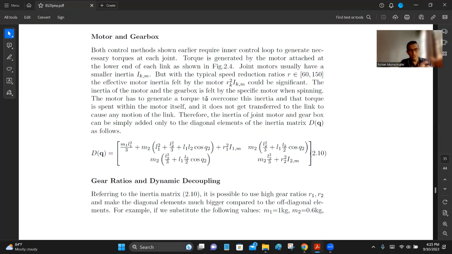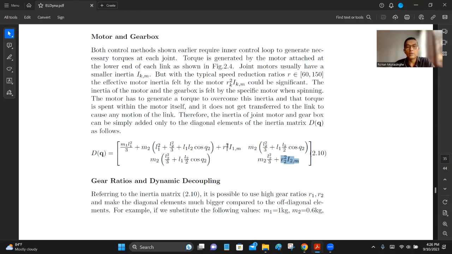So therefore, it doesn't contribute to Coriolis forces, centripetal, right? It doesn't contribute to any of these other coupled torques in the system. But every joint needs to generate this additional torque because of its own inertia and gearbox. So therefore, we better add this term in the diagonal. You can see the inertia matrix along the diagonal. You add this one.